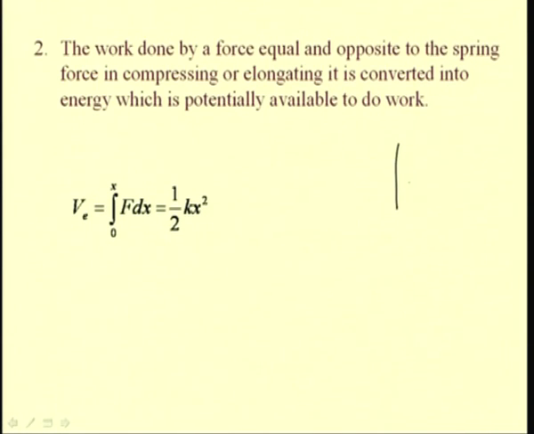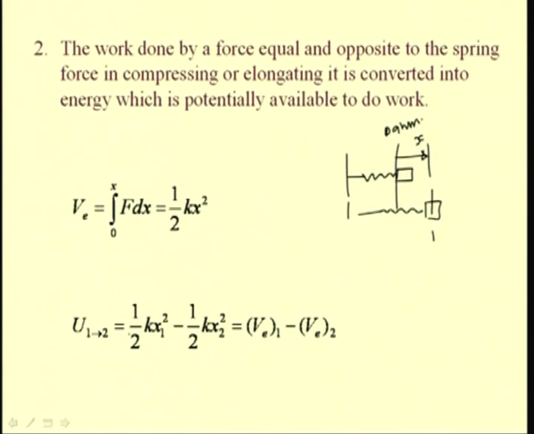So, let us say this is the datum position and the block is here and it is being elongated to a new position which is x from the datum, and this is available as the elastic potential energy for any given position.